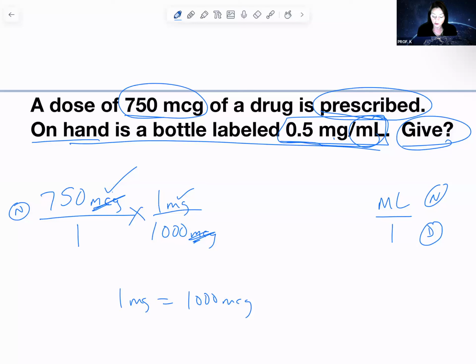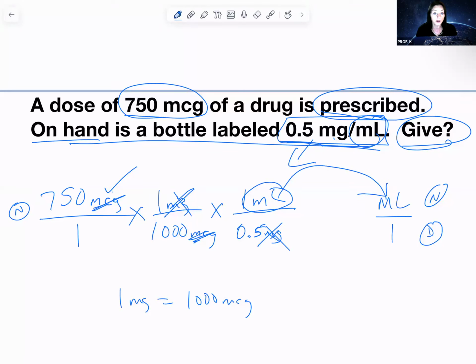I'm going to use what's in my problem, 0.5 milligrams per 1 ml. I put it this way because anything diagonal, I can cross off as equal. So now I've gotten rid of my milligrams and my micrograms, and I have milliliters left. That's exactly what I need, only milliliters. So now I'm ready to solve.